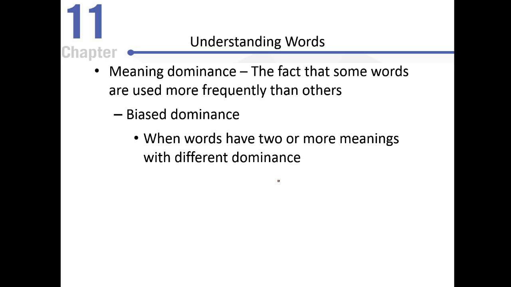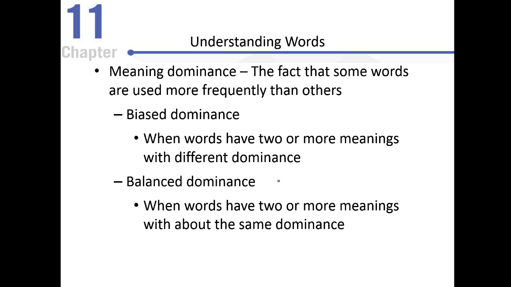So the word bat, for example, when we think about bat, we might typically think about the baseball bat versus the animal bat. Other words have more balanced dominance, and this is when words have two or more meanings with about the same dominance.